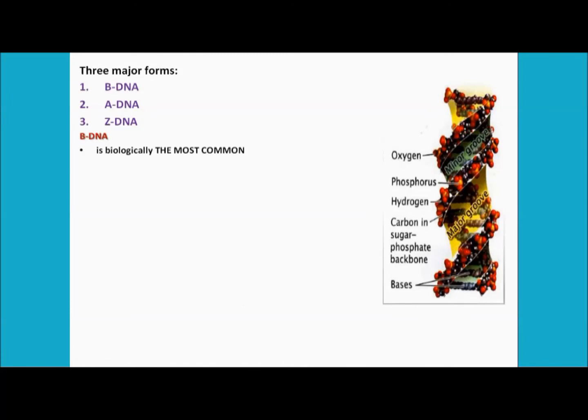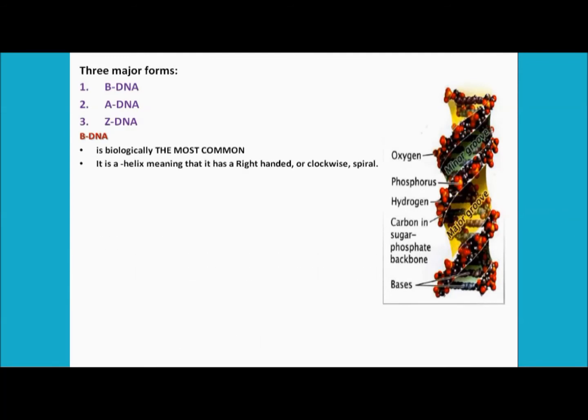Any living organism which has genetic material, means a nucleus with DNA, or simply a chromosome, will have B DNA. It is the most common form of DNA.